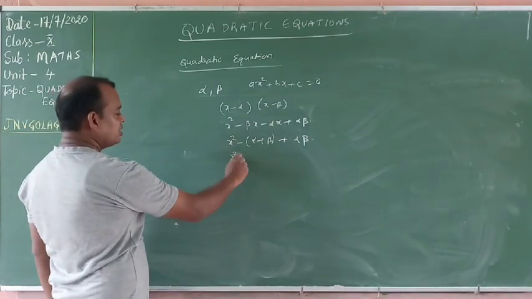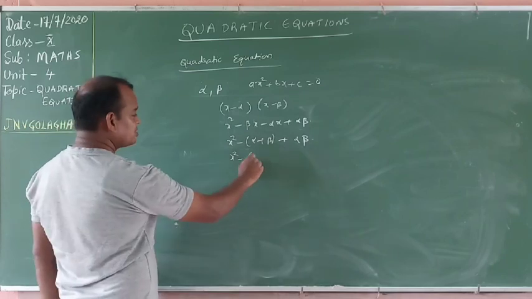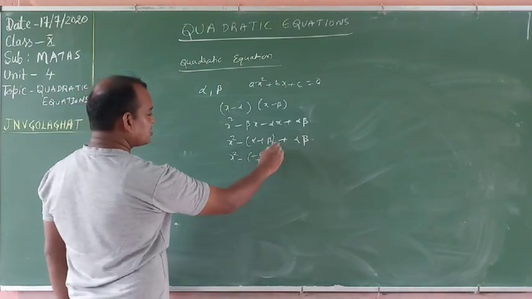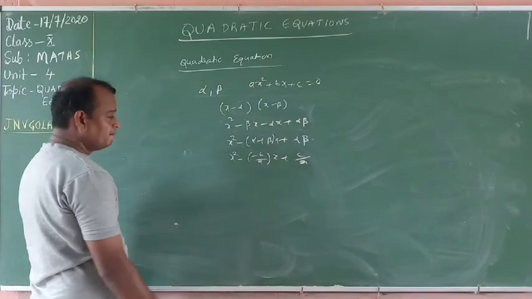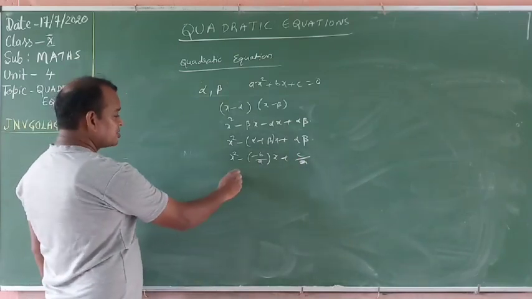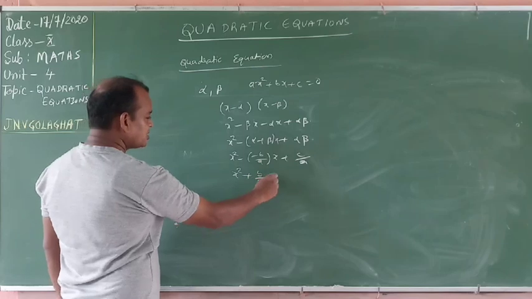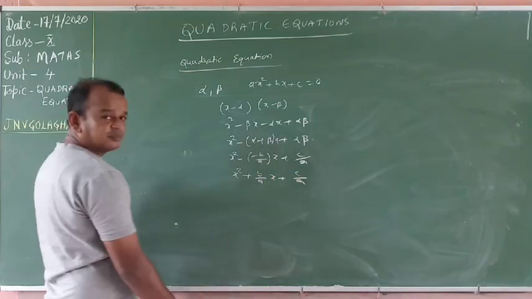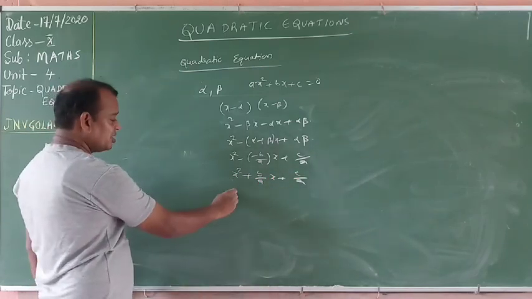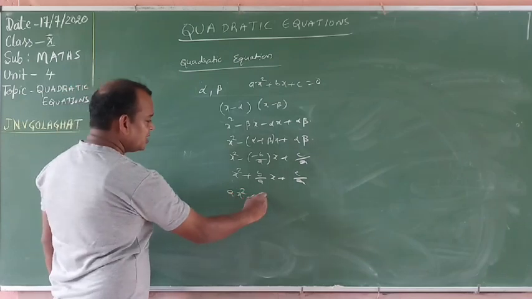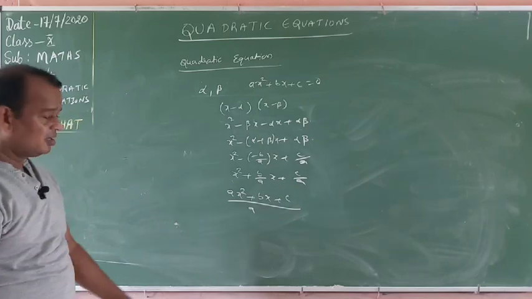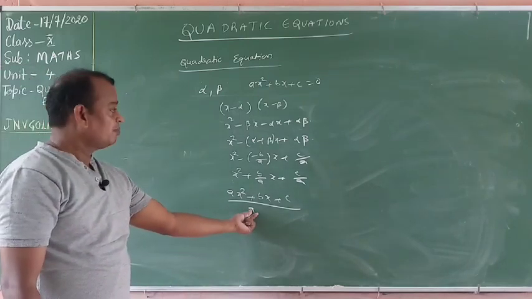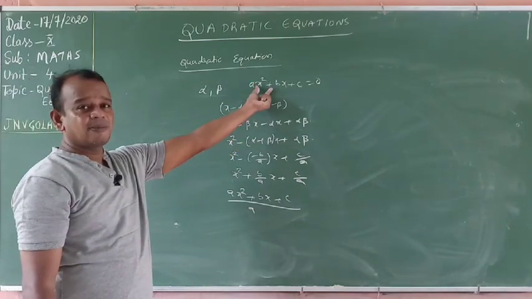Now x square minus alpha plus beta, which means minus b by a, into x plus alpha into beta is c by a. Now x square plus b by a into x plus c by a. Now taking LCM a, ax square plus bx plus c by a.